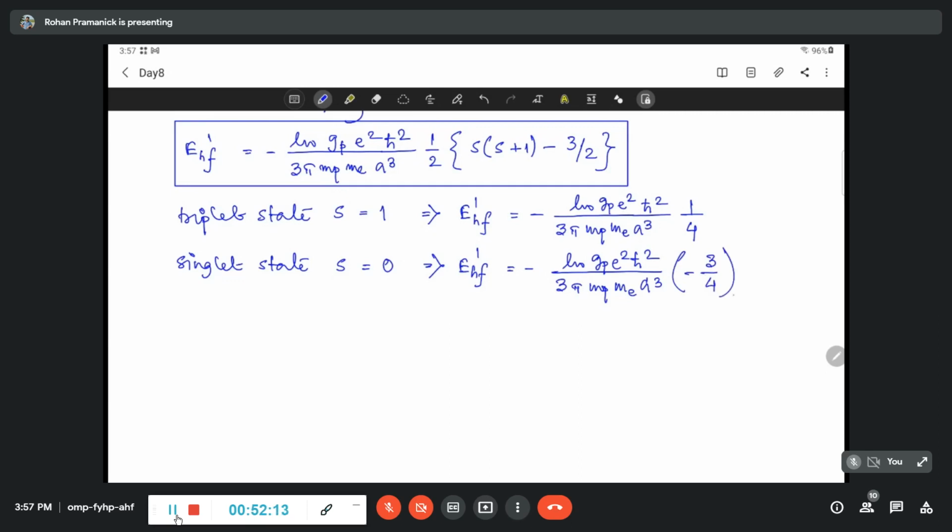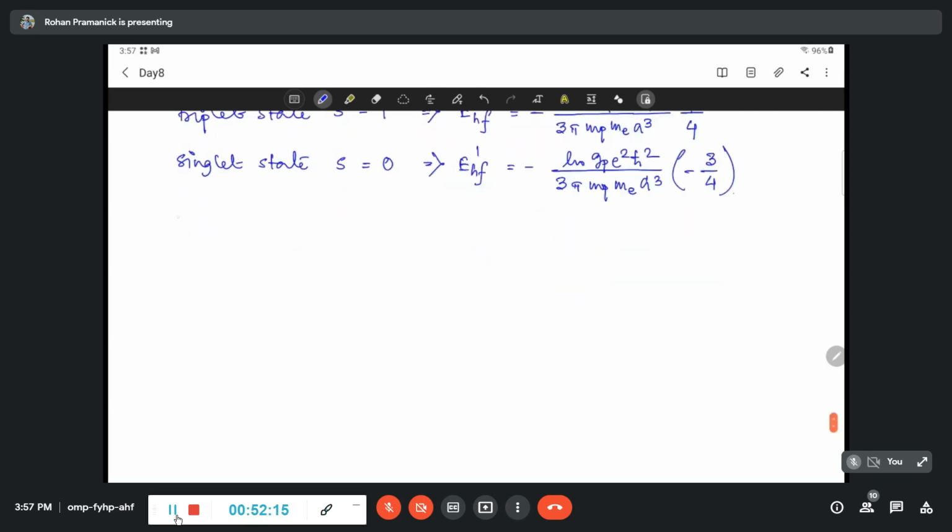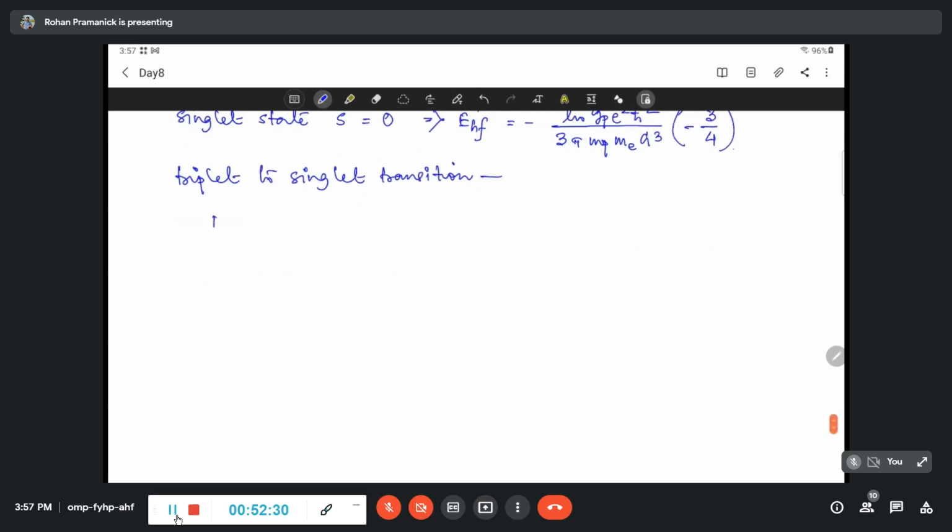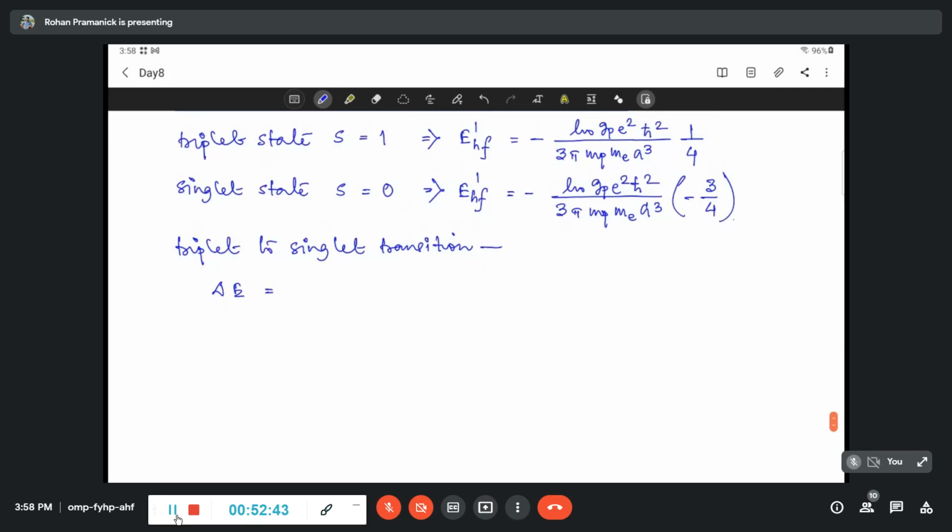And the energy difference between these two, so for triplet to singlet transition, you have delta E, there is a minus, so it becomes 1, right?